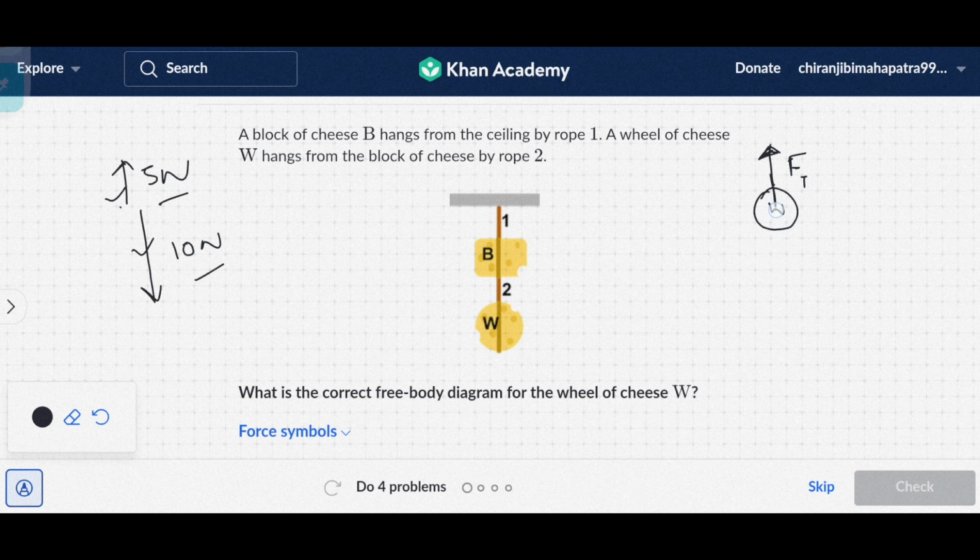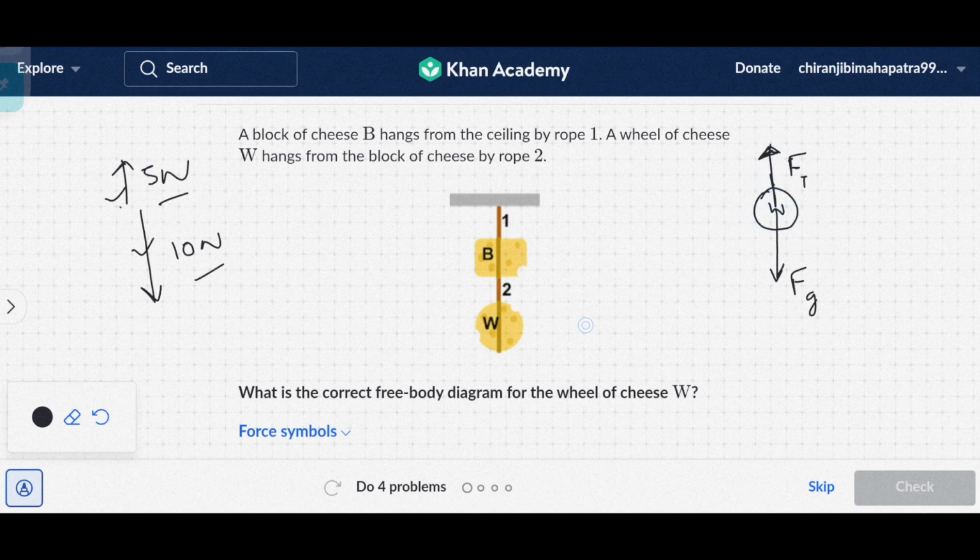There is another force which is down. This is a contactless force. We draw the boundary to find the contact forces, but we know that there is a contactless, long range force, which is gravity. So this is FG. That's the free body diagram of W.